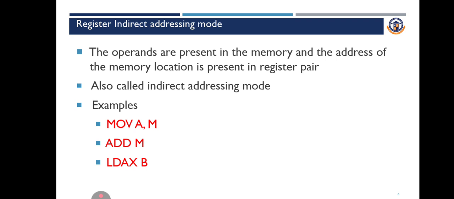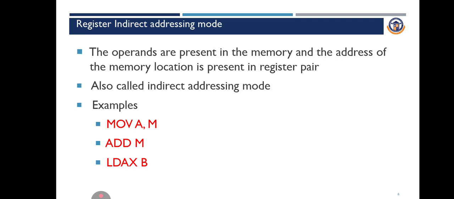This is the register indirect addressing mode. The operands are present in the memory, and the address of the memory location is present in the register pair. So this is also called indirect addressing mode. If you take the example of MOV A, M, here M indicates the HL register pair.